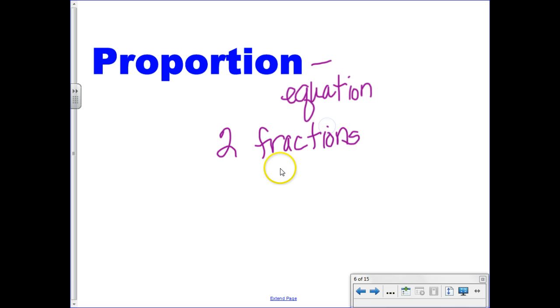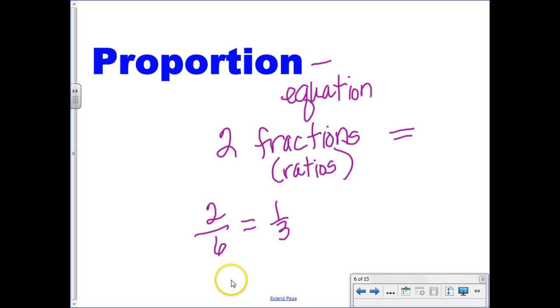Two fractions or two ratios, and they're equal to each other. Two fractions that are equal. So, just like I had in that last one, 2/6 is the same as this fraction, 1/3. They're equivalent fractions.